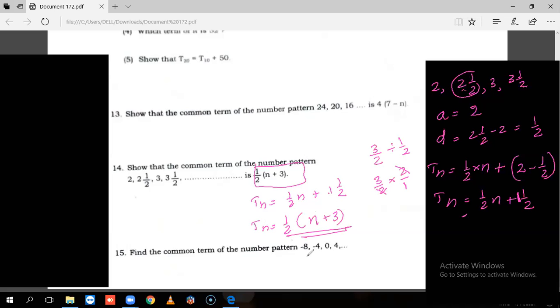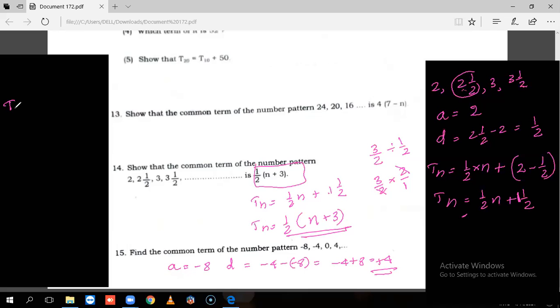Find the common term of the number pattern. A equals minus 8. Difference: minus 4 minus minus 8. What is the common difference? Minus 4 plus 8, that is plus 4. The common difference is plus 4. Now we have to write the general term.